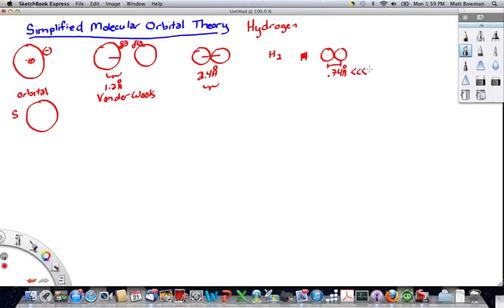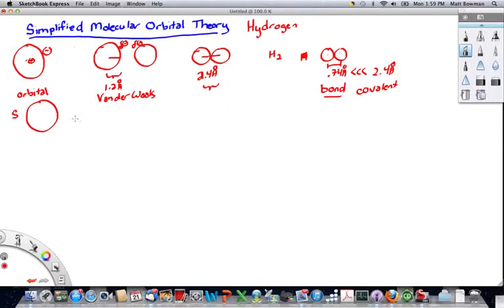Much, much, much less than 2.4 angstroms. This is a chemical bond. Specifically, it is a covalent bond, where the two atoms are sharing their electrons in such a way that it actually brings their nuclei closer together than they normally would be.